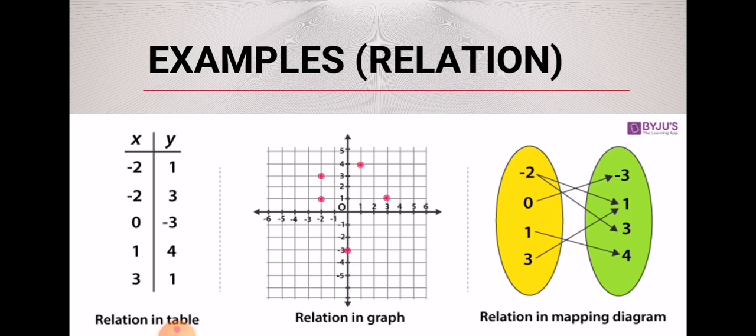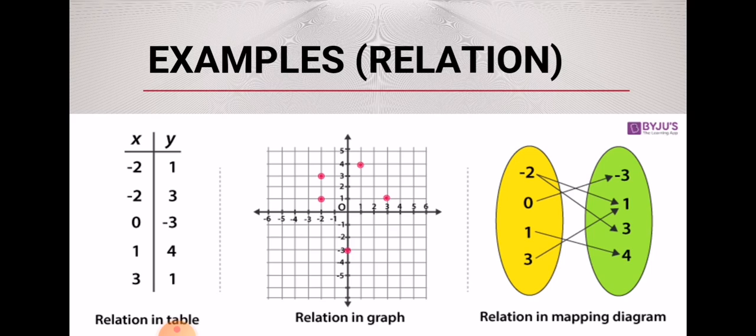In this diagram, let's suppose x is input and y is output. -2 is the same input but has two outputs, 1 and 3, and 0, 1 and 3 are different inputs with different outputs, but one output has two inputs, -2 and 3.